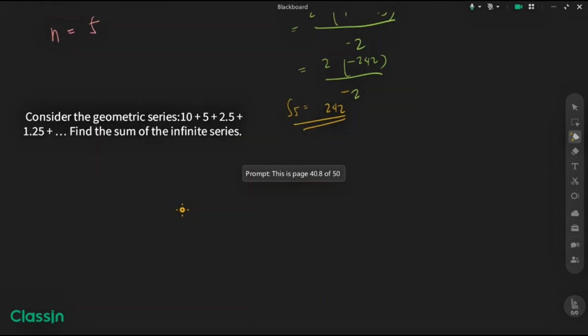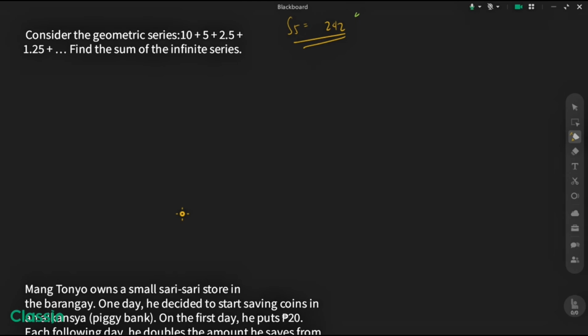Let's proceed with the second example. Consider the geometric series 10 plus 5 plus 2.5 plus 1.25. Find the sum of the infinite series. So let's have the solution. First things first, we need to write the givens. Our first term is 10. Our ratio, let's divide the two consecutive terms: 5 all over 10, which is 1/2. Now we need to look for S because it is an infinite series.